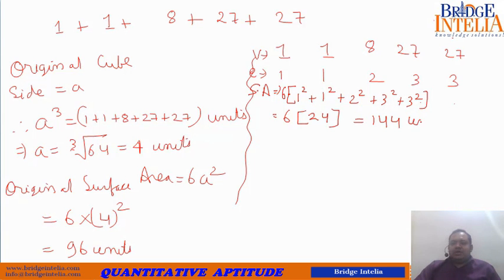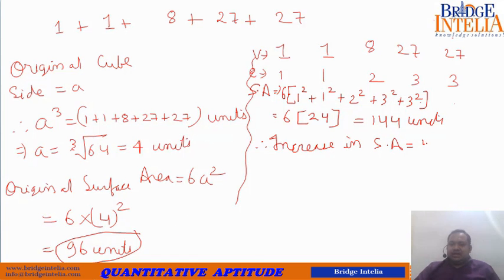144 units. So earlier the surface area was 96 units. Now it has become 144 units. So the increase in surface area is equal to 48 units, 144 minus 96.